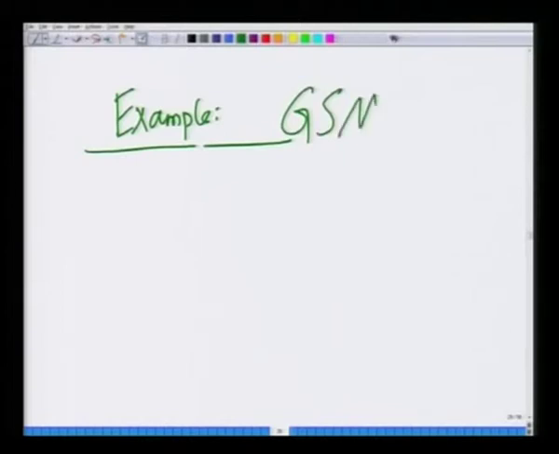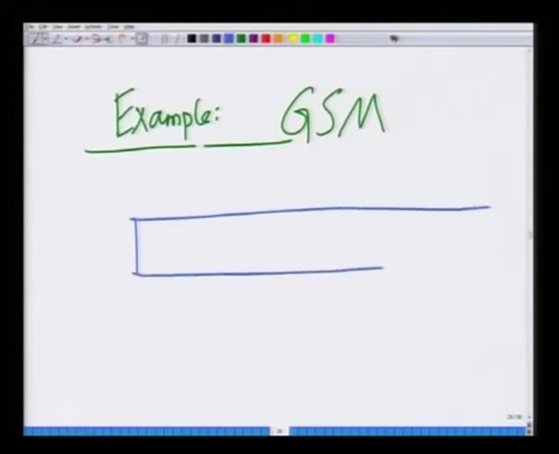Let me give you an example. Let us consider the example of 2G GSM, because it is very popular. In 2G GSM, every frame has a slot for every user.